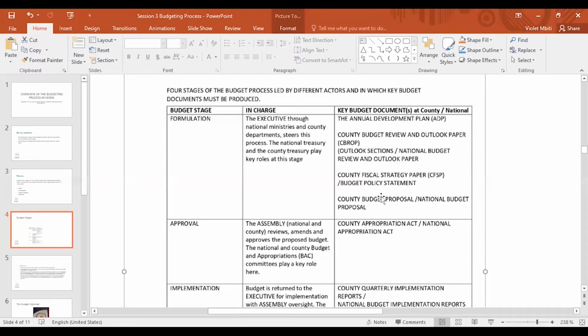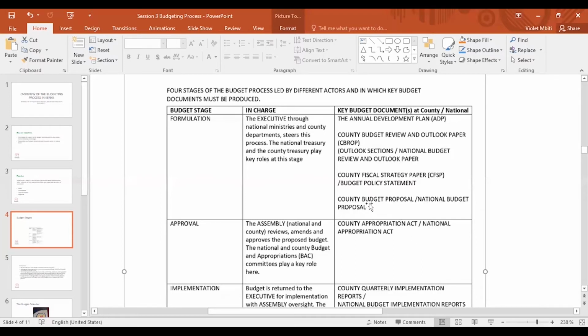So if they have said that we are going to give 300 million to this particular department, all right, at this stage you also participate as a member of the public to urge the county assembly to either increase the budget allocation. So you find that even you as a member of the public, you participate actively in the formulation stage.